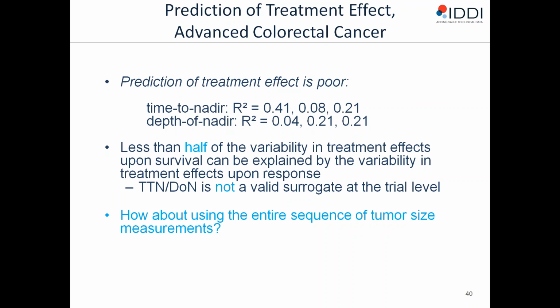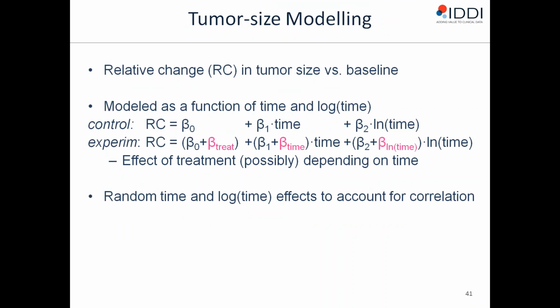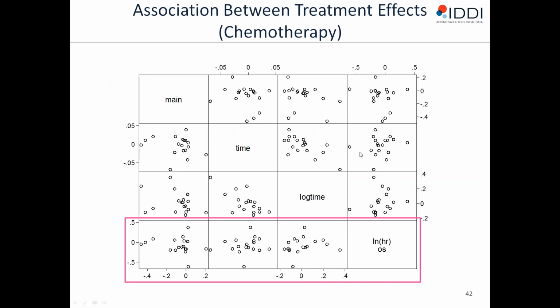Well, the last thing which we could then look at is, all right, this is still the question: we look at the endpoint, and this is the treatment effect in terms of single information regarding the depth of nadir or time to nadir, okay? But we could think about using the entire sequence of tumor size measurements as a surrogate, and we could look at the effect of the treatment, which, as we said, may depend on time, right?